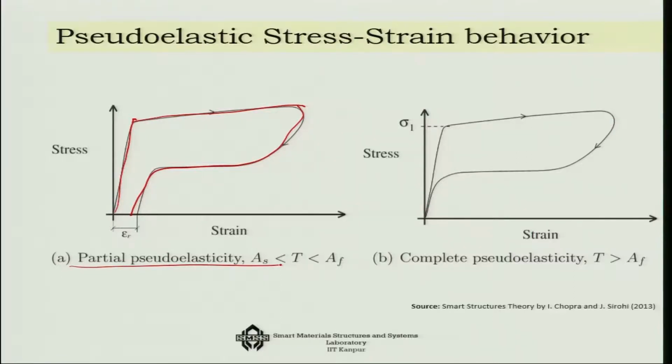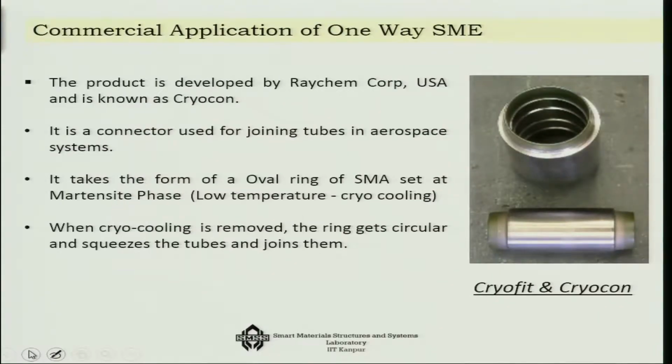The difference between the two is that for complete pseudoelasticity, you start from 0 and then you can come back to almost the 0 strain level. That is complete pseudoelasticity. If the temperature remains between AS and AF, then you get partial pseudoelasticity. If the temperature is greater than AF, then you get complete pseudoelasticity in the system.